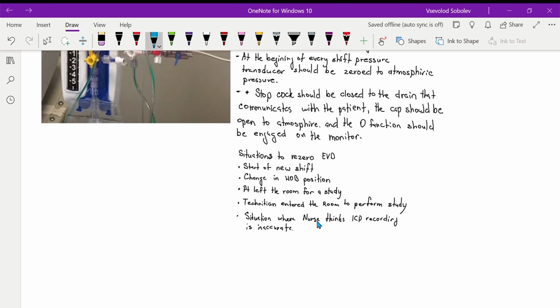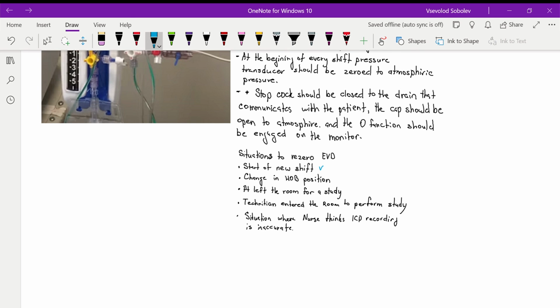Situations to zero the external ventricular device: start of a new shift, so every shift you would zero it. Change of the head of the patient. So if the head of the patient was moved due to repositioning, you would zero the external ventricular device. Patient left the room for a study.